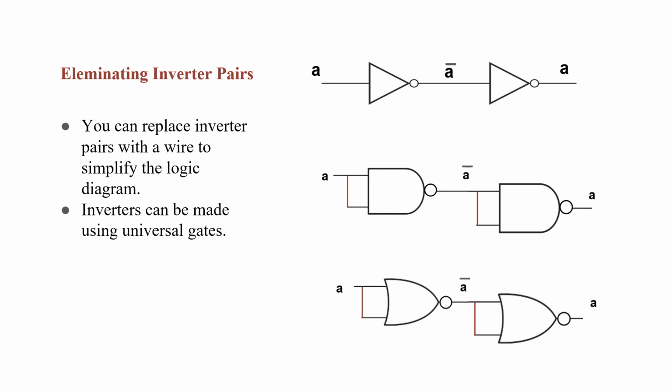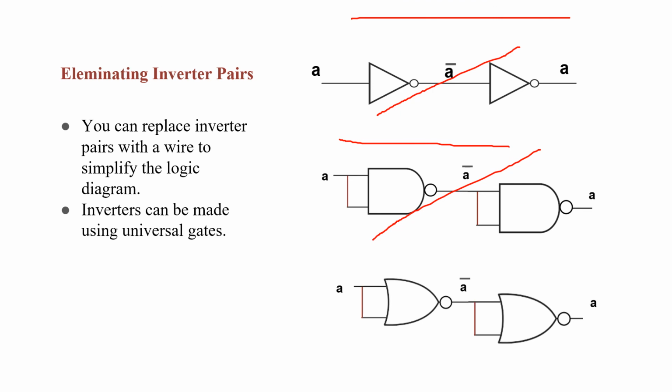So whenever you see any of these in a logic diagram, you can simplify the expression and put a wire instead. Same thing here, two NAND gates that are acting as inverters that are connected in cascade mode, you can cancel them together and replace everything with a wire because the input is A, the output is also A, as you can see here. So you can put a wire instead.